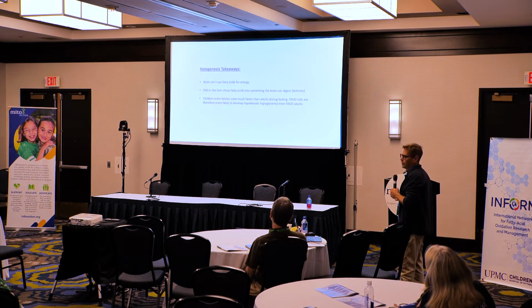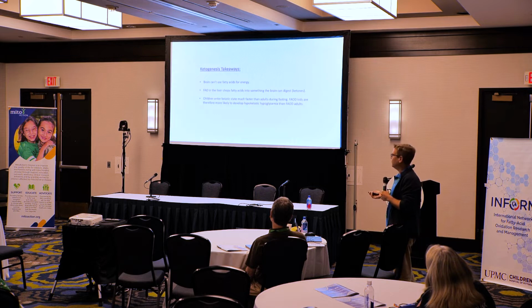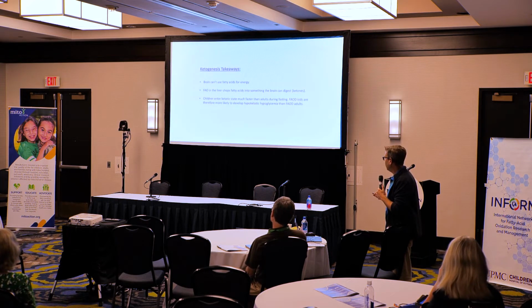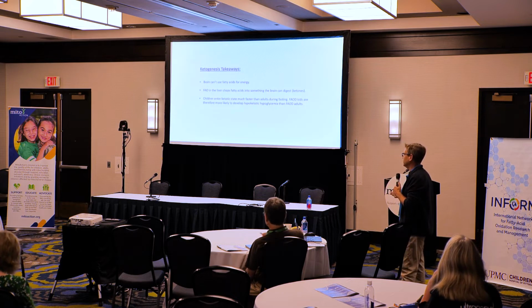And lastly, children are, in general, going to enter ketosis much faster than adults during fasting. And so FAOD kids are going to be more susceptible to hypoketotic hypoglycemia than adults.